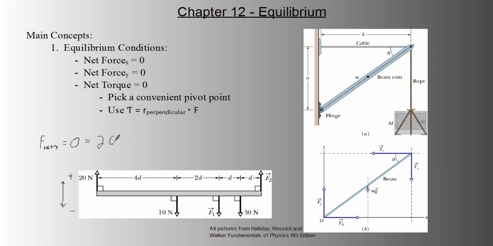So 20 is up and F2 is up, so plus F2 minus 10 minus F1 and minus 30.